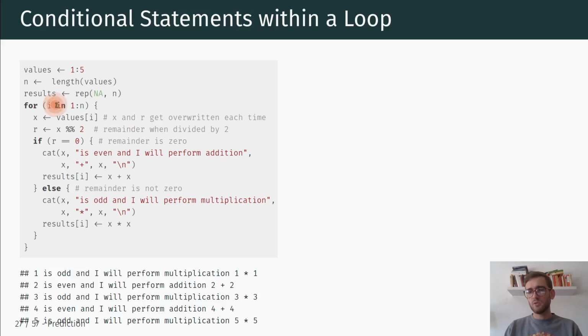And so then we start a loop that has the counter i that ranges from 1 through n. We have a couple of operations here.